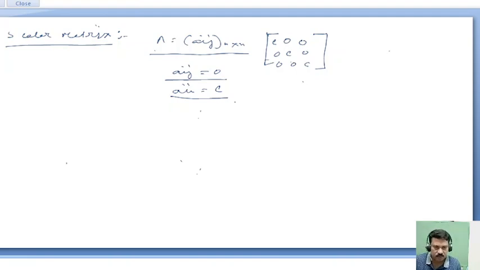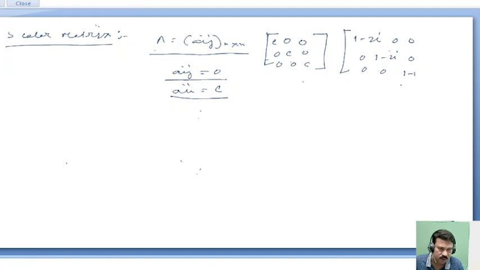We may take another example here: 1 minus 2i, 0, 0, 0, 1 minus 2i, 0, 0, 0, 1 minus 2i.